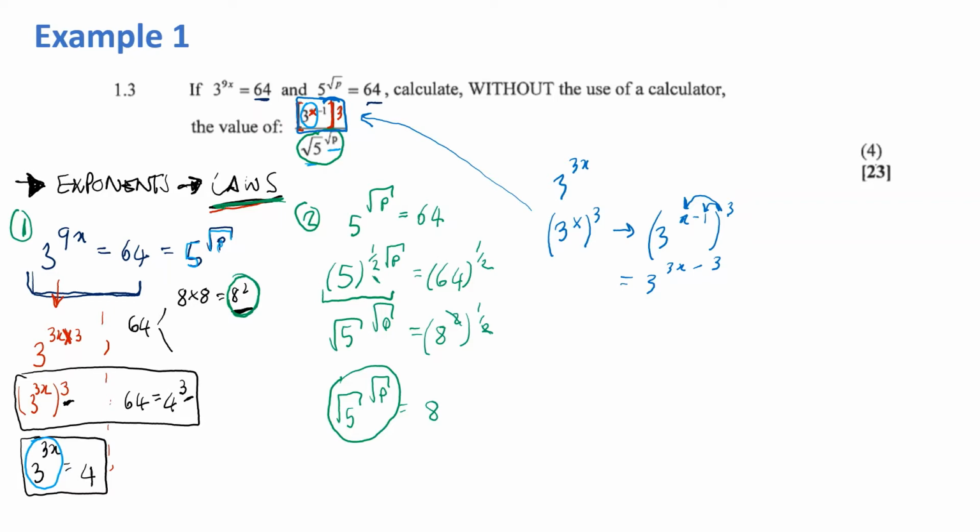Now, I hope you see that this part I already have the solution to. And the other part is, I know that this is also written as 3 to the power of 3x multiplied by 3 to the power of minus 3. That was the third part. I hope that's clear.